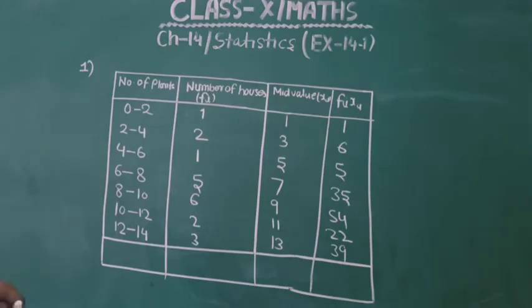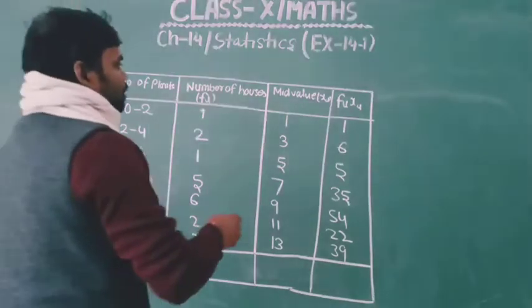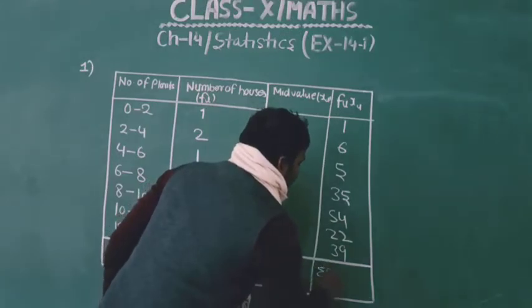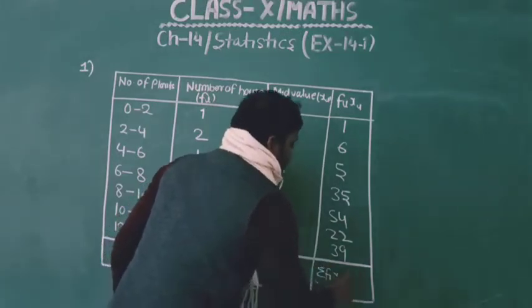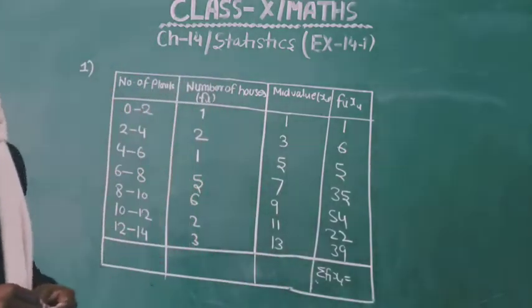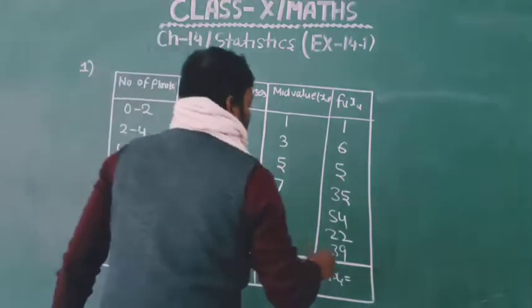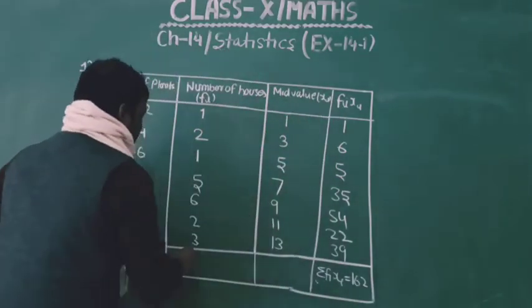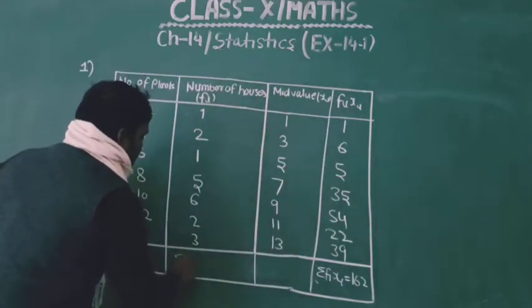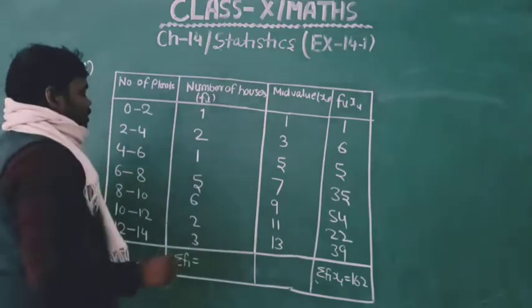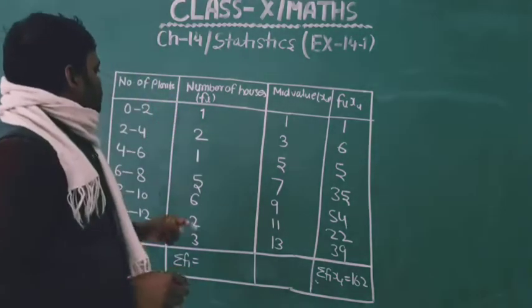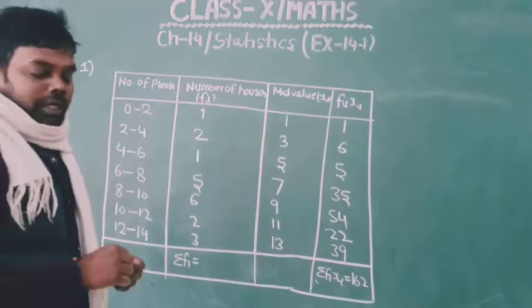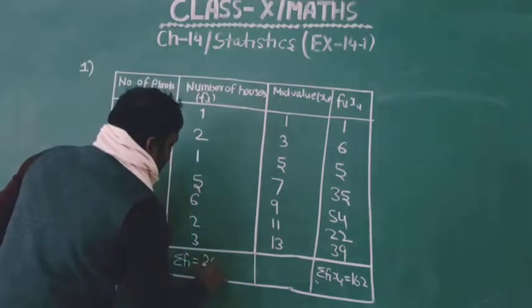Now adding fi xi, we get 162. And the sum of the frequencies, fi, is 1 plus 2 plus 1 plus 5 plus 6 plus 2 plus 3, which is 20.